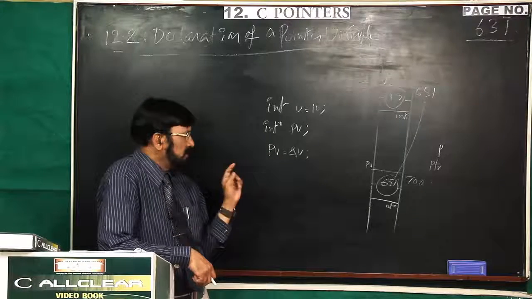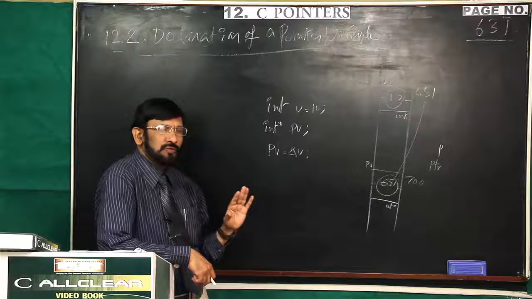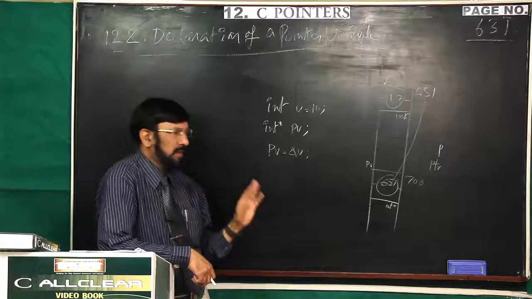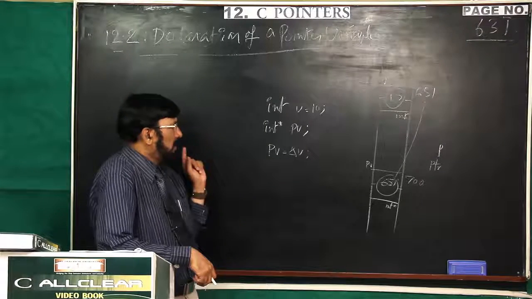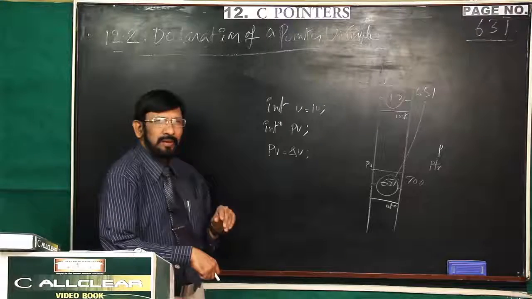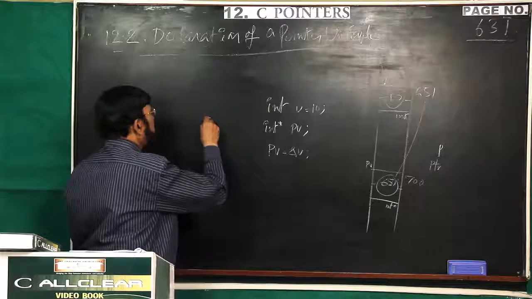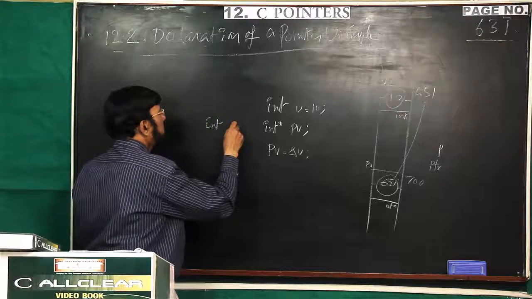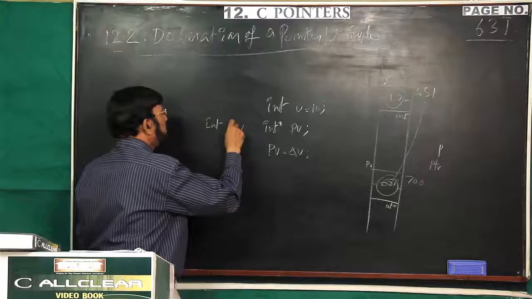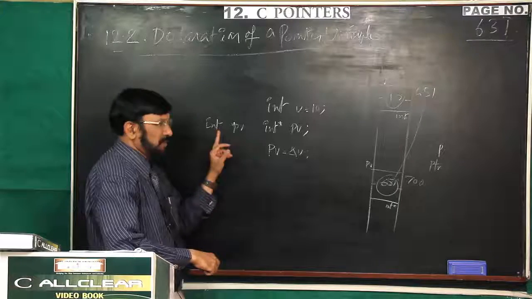Unless we initialize a pointer variable, we should not use it. Always remember that point. And here one more point: many authors write the notation int *PV. Then it creates some confusion.